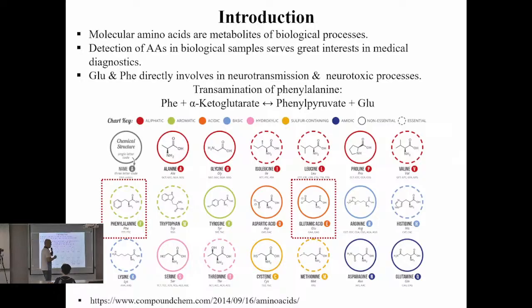Experimentally, if you take a sample from a human or animal, you can do some dilution and then measure the amino acid content in that sample, and use that information to interpret whether this sample has some disease or biological problem. So analytically, determining the dominant amino acid in the sample is critical. But from the structural point of view, amino acids are very similar.